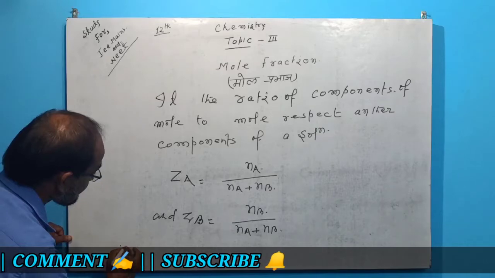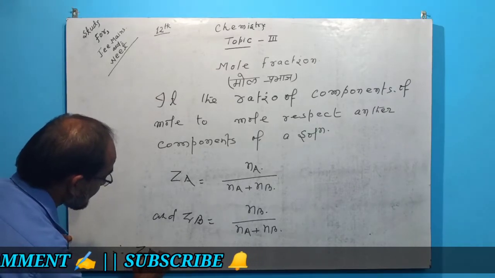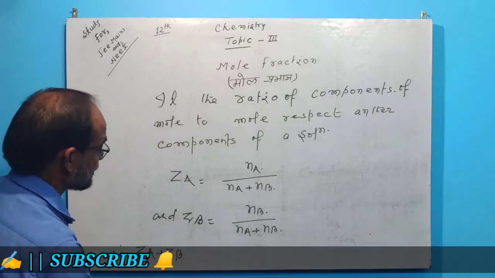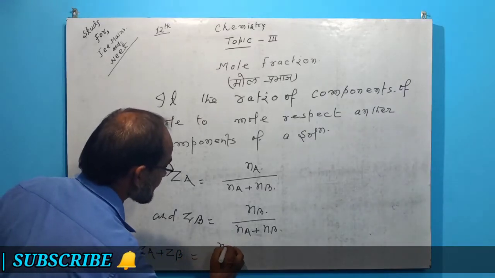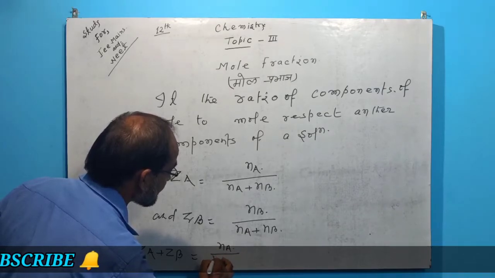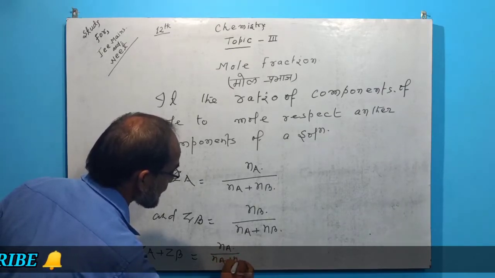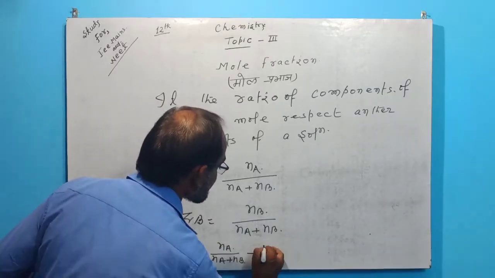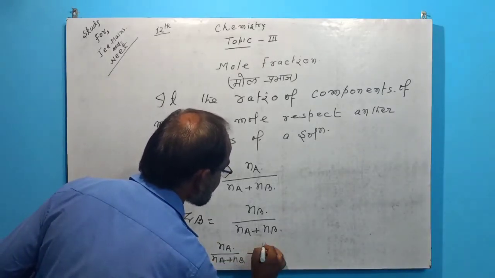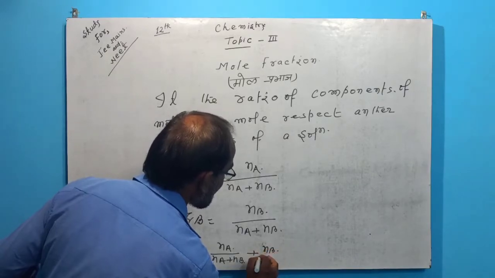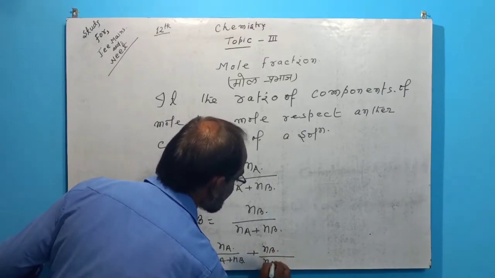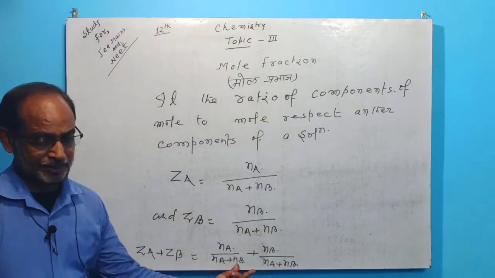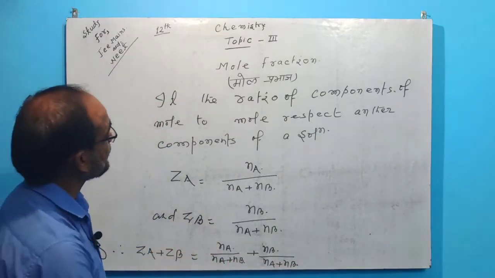Therefore, Za plus Zb equal to Na upon Na plus Nb plus Nb upon Na plus Nb. Have any problem?